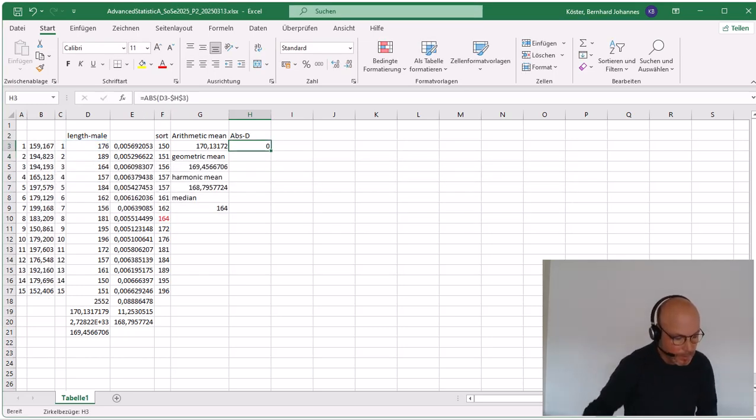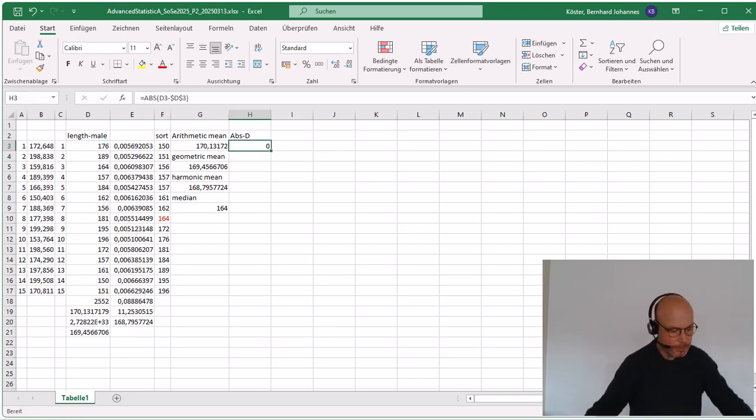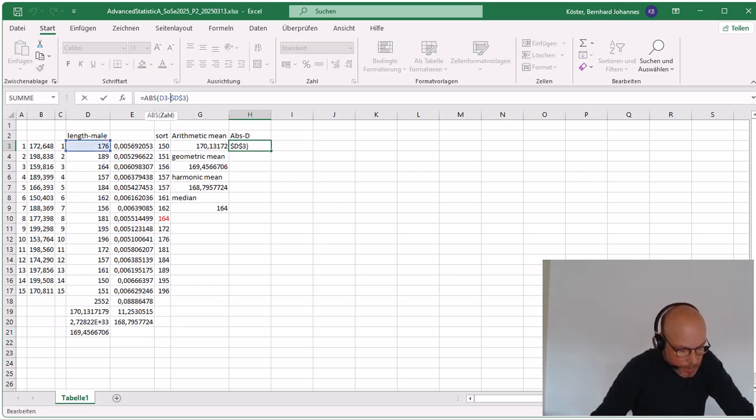Oops, not H, D minus G. Again, why is it not G, not D?